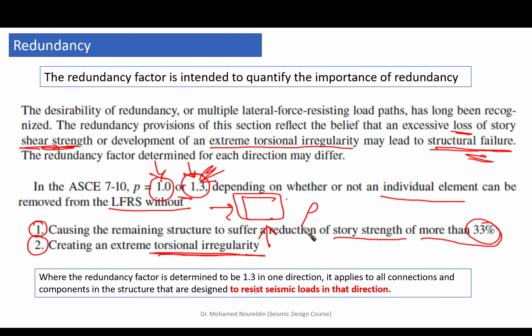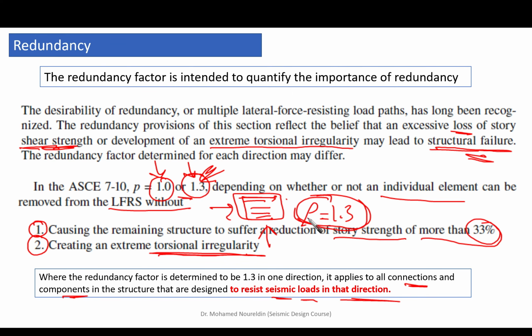If we have redundancy equal to 1.3 here, this means that all the lateral resisting elements and components in this direction should be designed with load combinations having rho equal to 1.3. The redundancy factor is determined to be 1.3 in one direction. It applies to all connections and components in the structure that are designed to resist seismic loads in that direction.